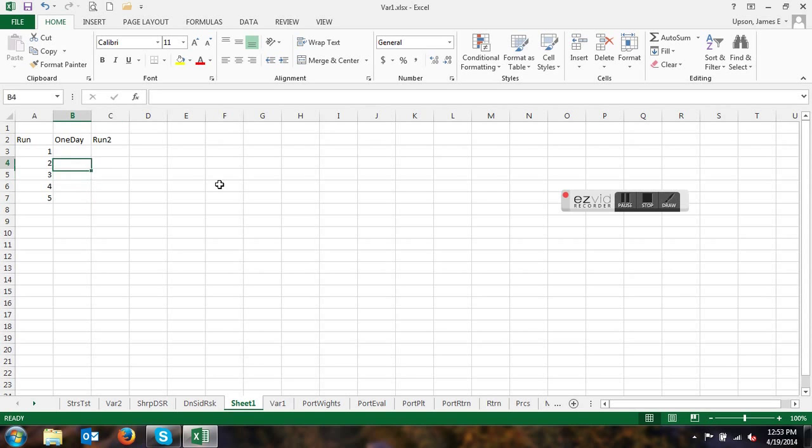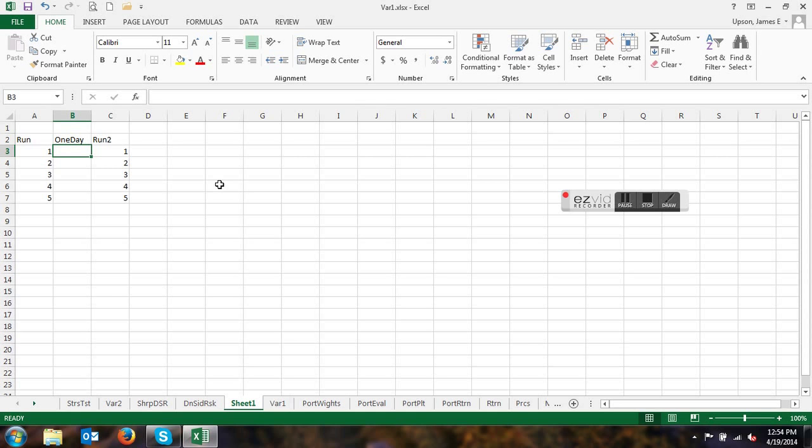And ultimately we're going to do 500 runs, but I'm going to use the drag and drop methodology to fill out this whole analysis. So the idea here is that we're going to create 500 simulations of 1 day's worth of trading.